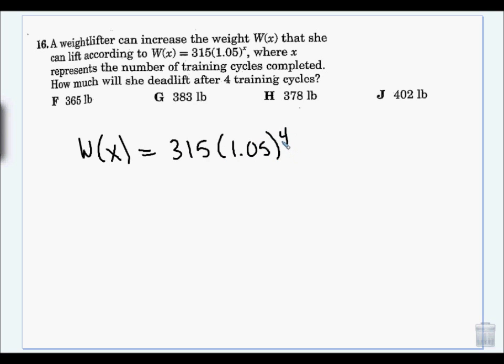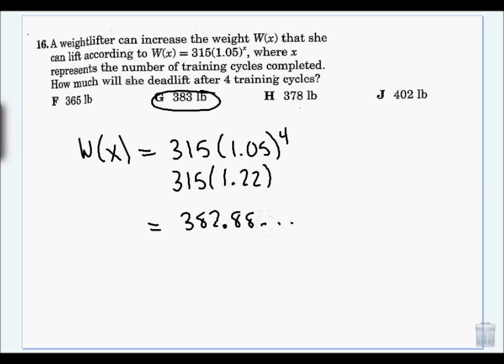So I'm going to do 1.05 to the 4th, and that's going to give me 315 times 1.22. And my answer is 382.88, blah, blah, blah. So 383 pounds this woman can lift.